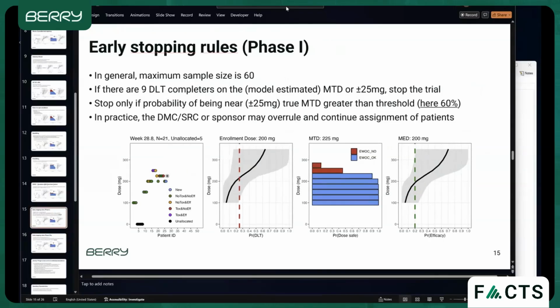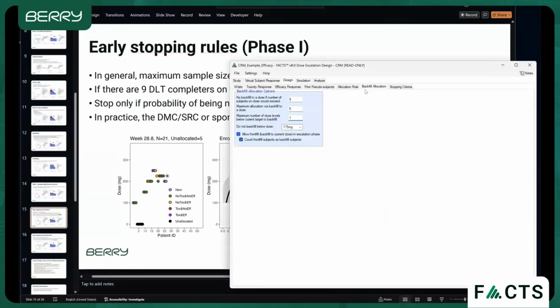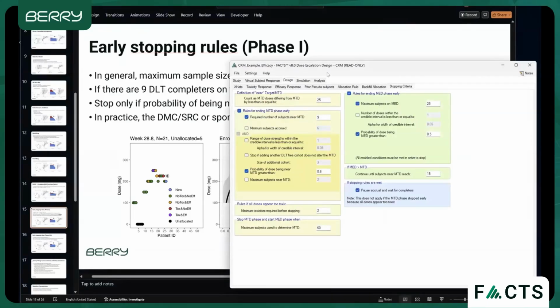So for the phase 1 part, maybe let's show this immediately in FACTS. So in the design stopping criteria tab, you have rules where you can exactly specify when the trial should stop. And on the left-hand side here, all of this yellow stuff is the MTD searching part. And then the green stuff here is the MED searching part.